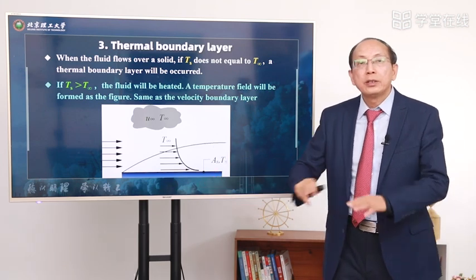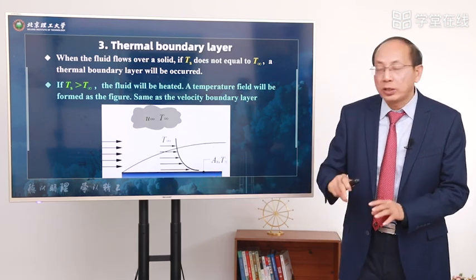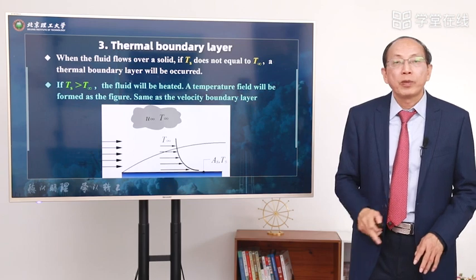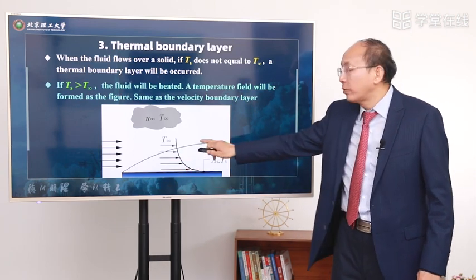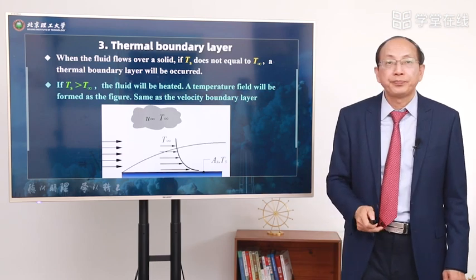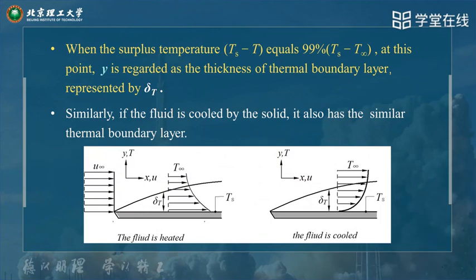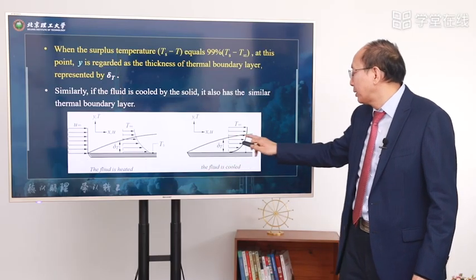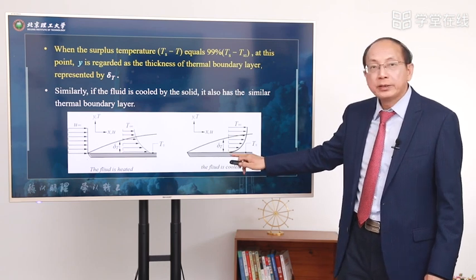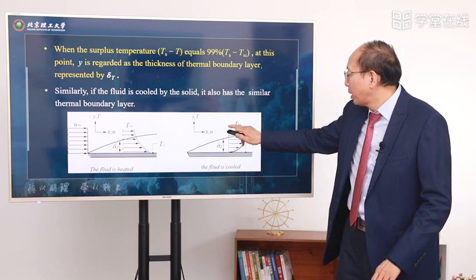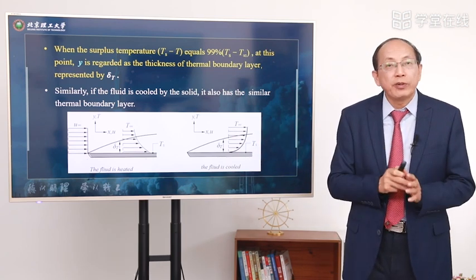Close to the plate, the temperature is larger, and as the distance increases, the temperature becomes smaller. If Ts is smaller than T infinity, the boundary layer looks like this: close to the plate the temperature is small, and farther away it is larger. So it is different.